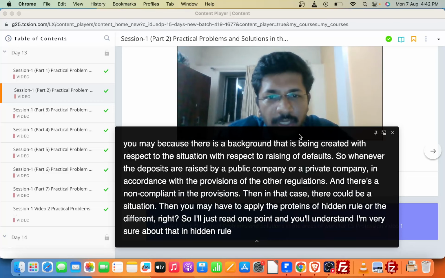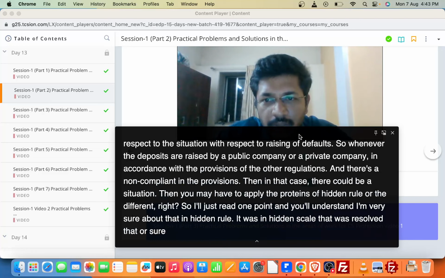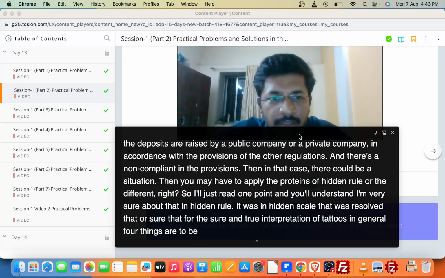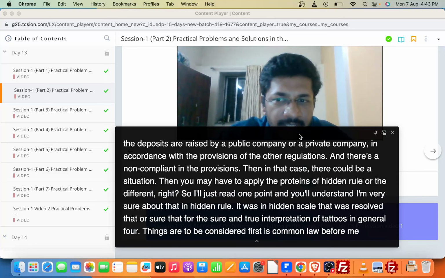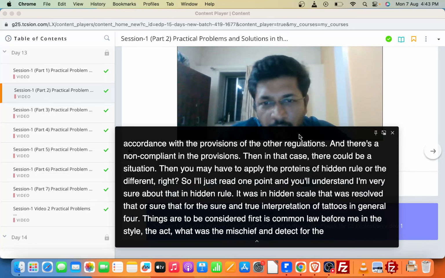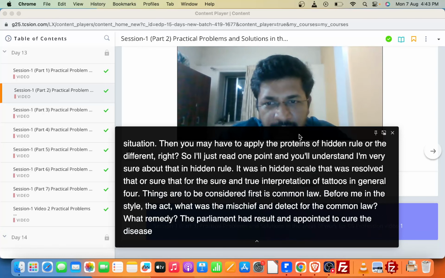In Heydon's case it was resolved that for the sure and true interpretation of statutes in general, four things are to be considered. First is common law before making the act. What was the mischief and defect for which the common law did not provide? What remedy the Parliament had resolved and appointed to cure the disease, and the true reason of the remedy.